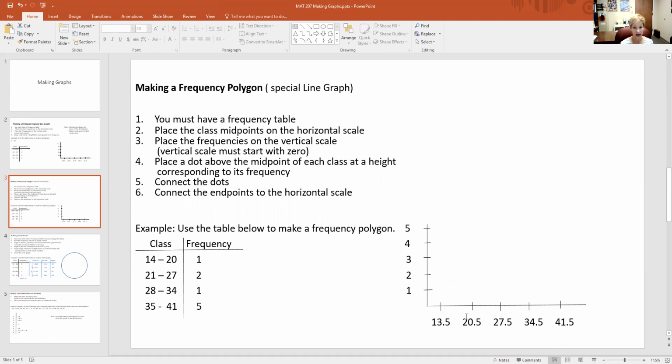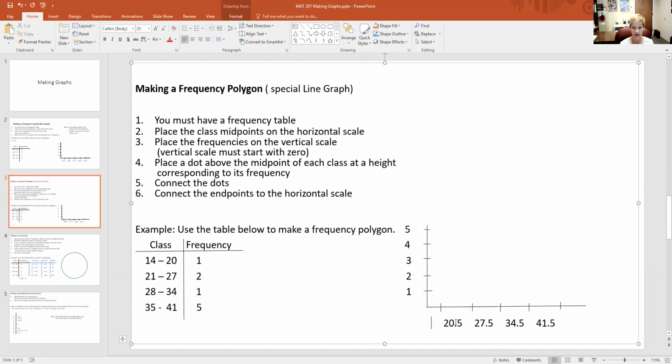This time, I'm going to take these class boundaries off, and instead of putting class boundaries, I'm going to put midpoints here. Now remember, how do I get the midpoints? To get the midpoints, I have to add.